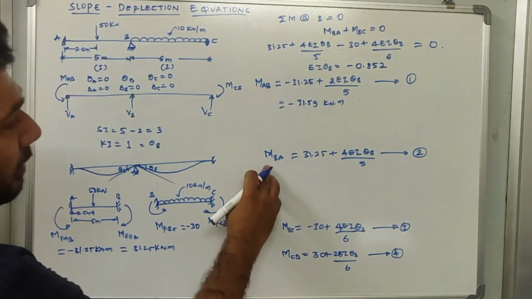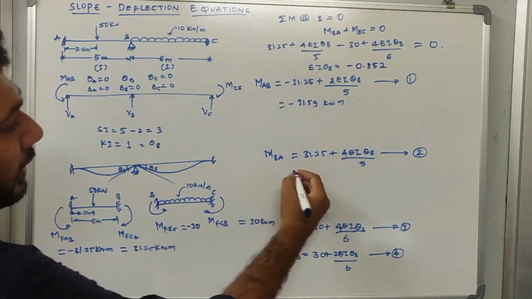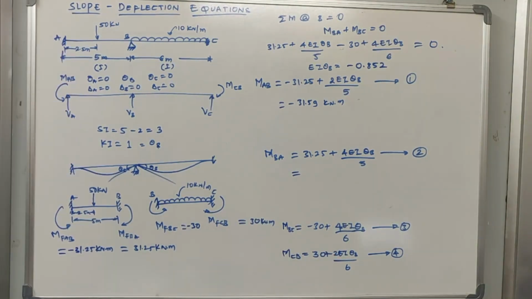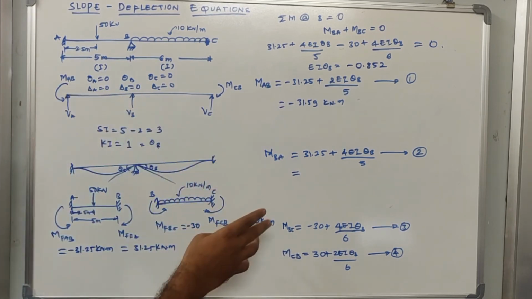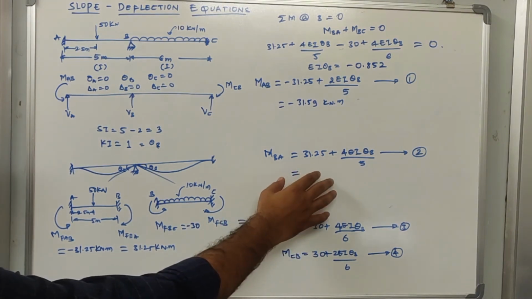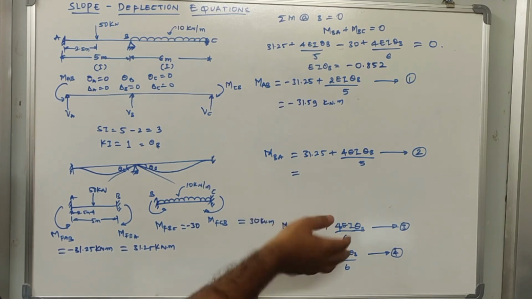Similarly you can solve for MBA, MBC and MCB. Quickly tell me the values. See whether you are getting the values of MBA and MBC equal and opposite. Whatever value you get for MBA, the MBC value will be of the same magnitude but opposite in sign.